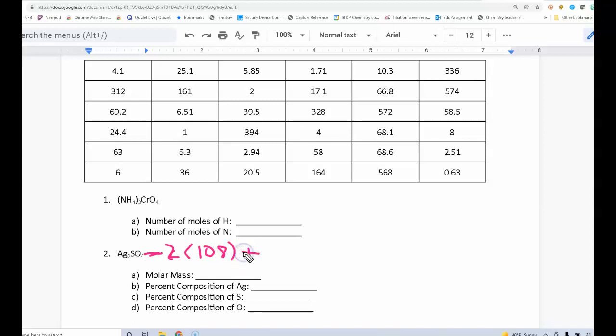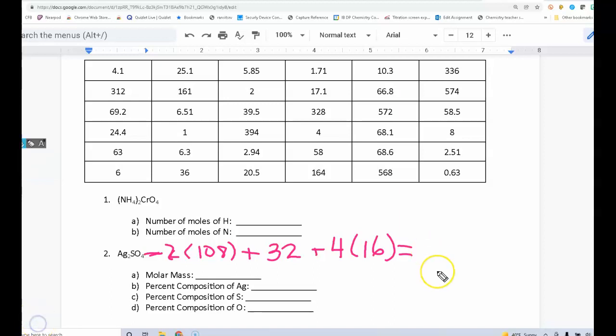And I'm going to add that to 1 sulfur, which we said we were going to use 32. And I'm going to add that to 4 because I have 4 oxygens times 16. And so when I add that all up, I will be able to tell what is my molar mass.